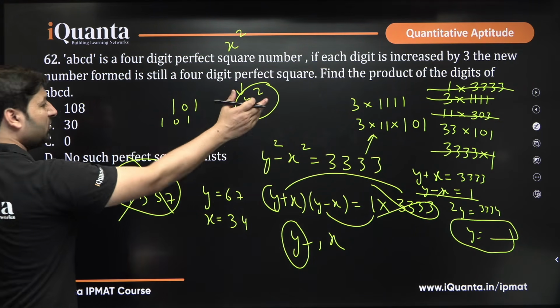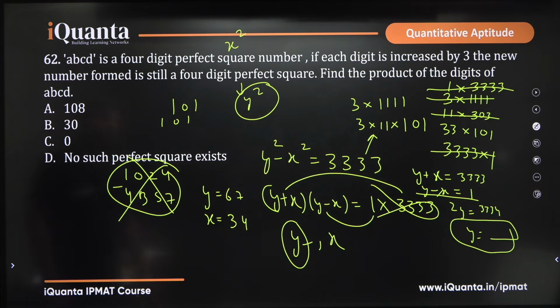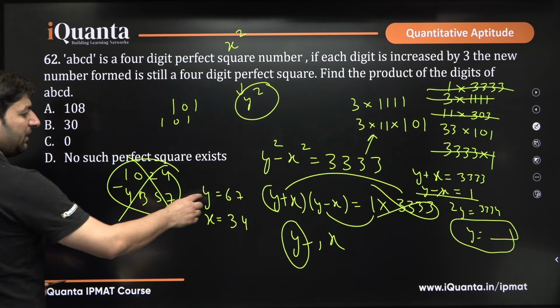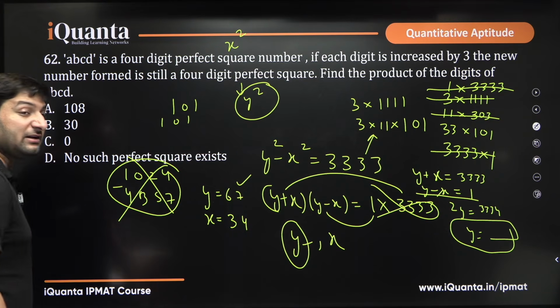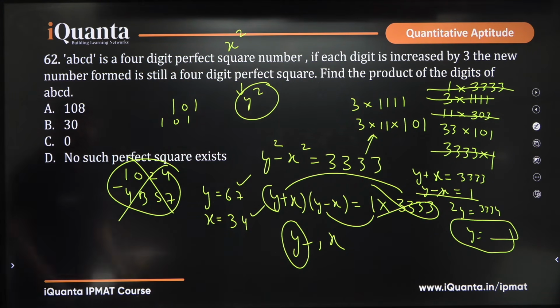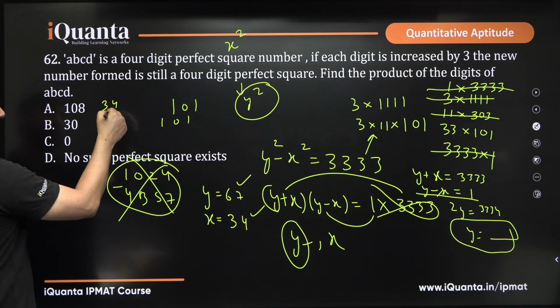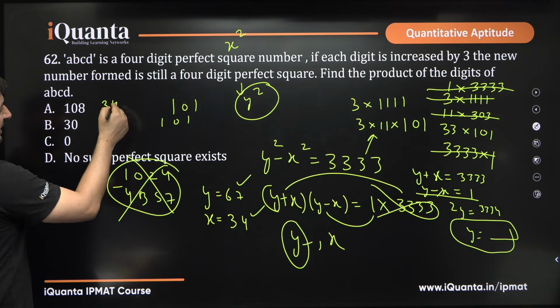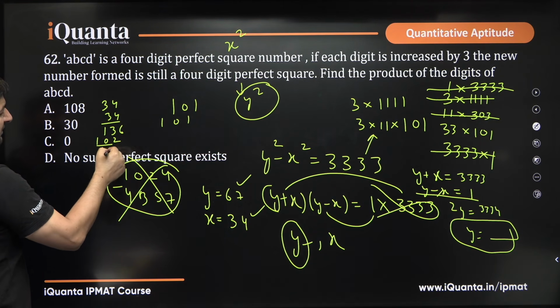Then you have to find the product of digits of a, b, c, d. If you square this, it becomes a greater number, and if you square this, it becomes another greater number. So 34 squared: 34 into 34 will be 136 and then 102, that means 1156.